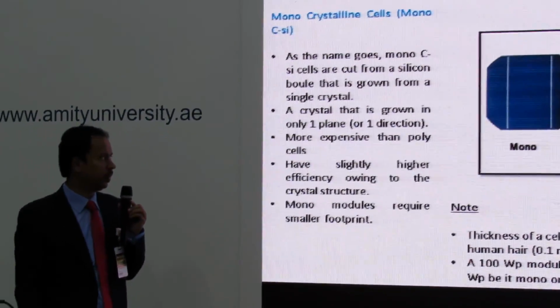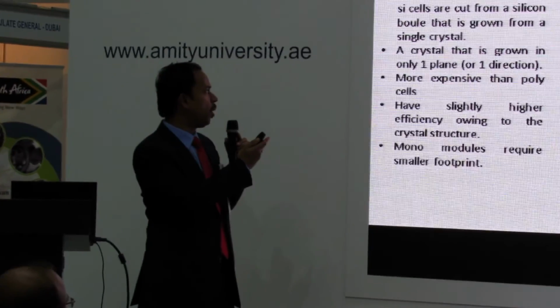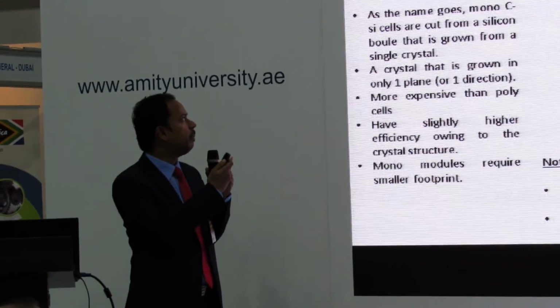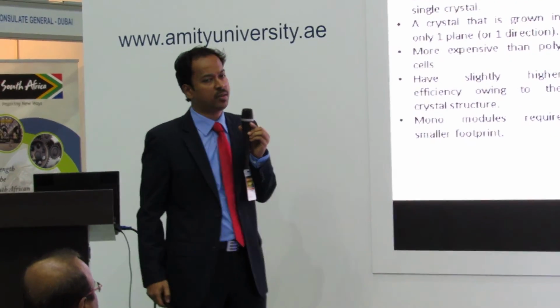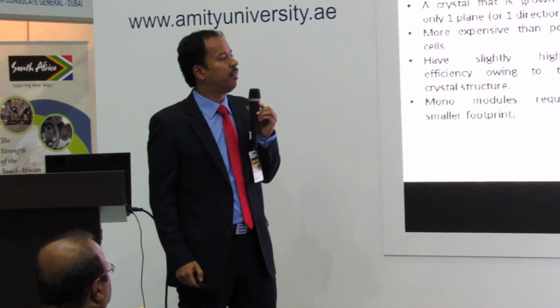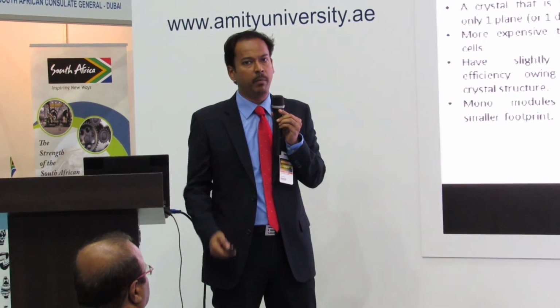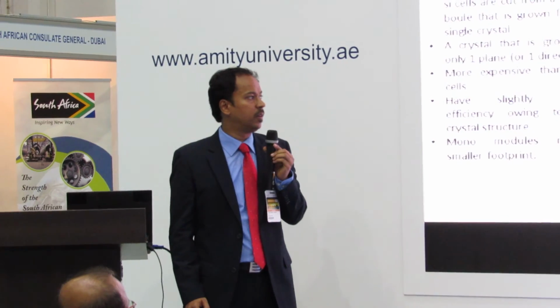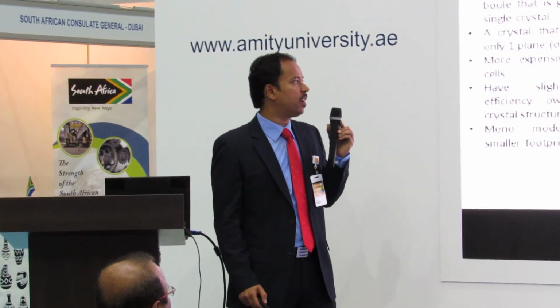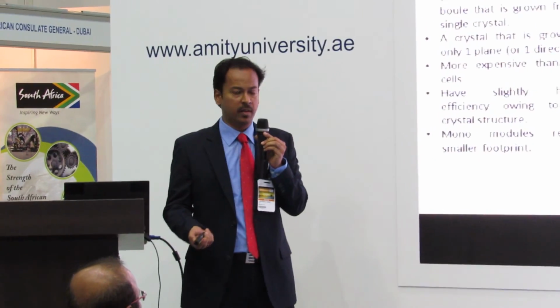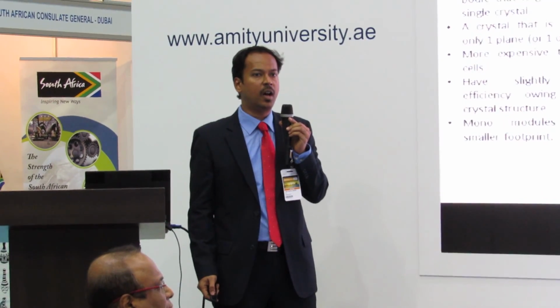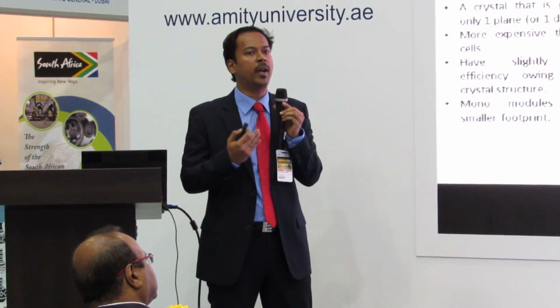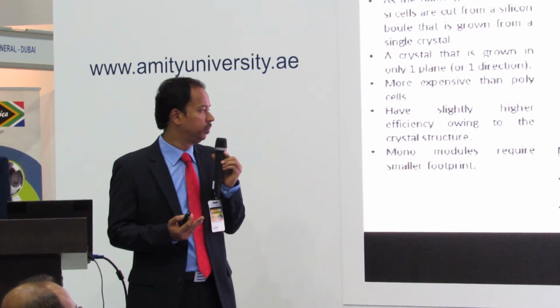It is very simple. The single crystal manufacturing process makes monocrystalline cells, and if it is from a multifaceted crystal, it makes polycells. The efficiency of the monocells is a little higher, whereas the efficiency of the polycells is a little less, because of the way the manufacturing process works.